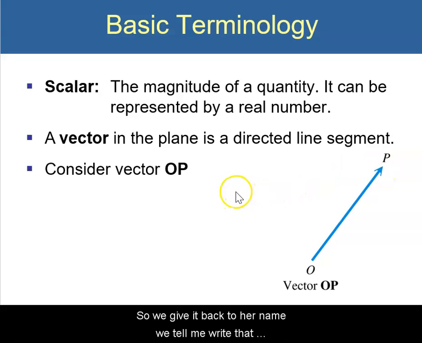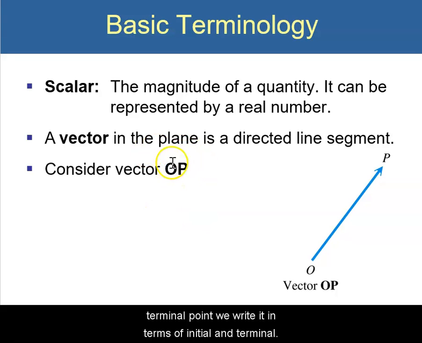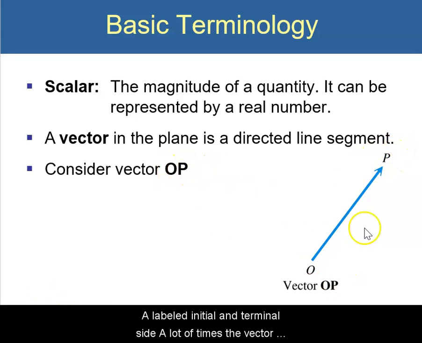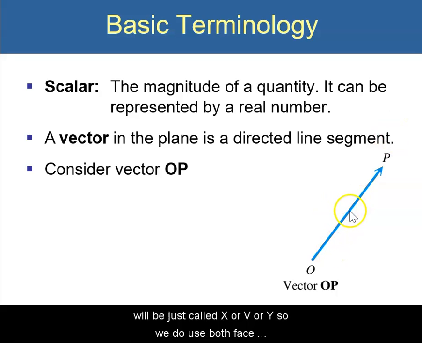So when we give a vector a name, we generally write that vector name in boldface. If it has an initial point and a terminal point, we write it in terms of the initial and terminal points. It tells us, again, we start with the initial point, we end with the terminal point. A lot of times the vector will be just called X or V or Y, so we'd use boldface, whatever the name is.